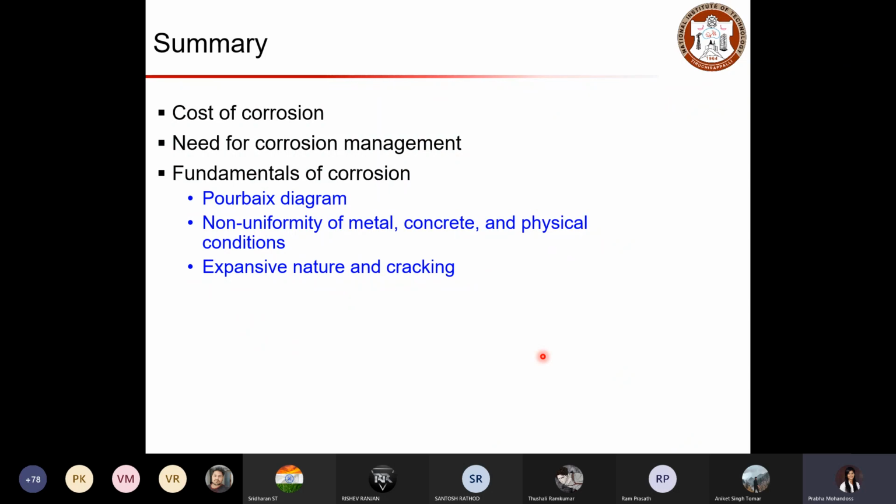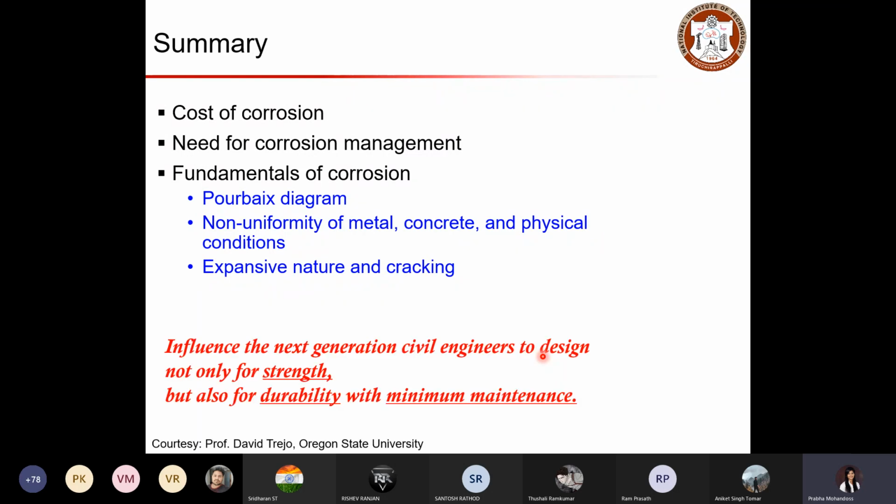And then the fundamentals of corrosion: what corrosion is, the mechanism behind it, the Pourbaix diagram, what causes a potential difference which leads to initiation of corrosion, and the expansive nature of rust particles and cracking.